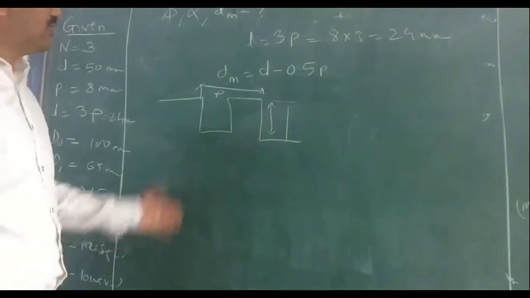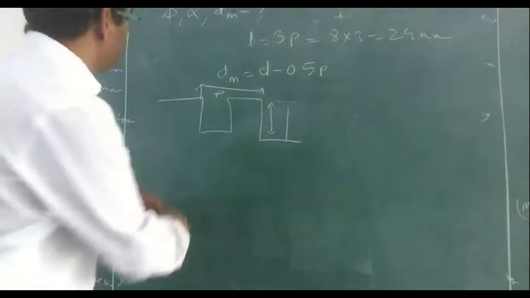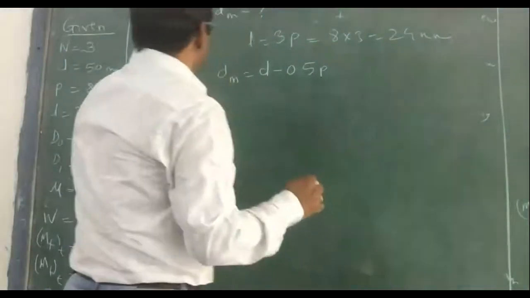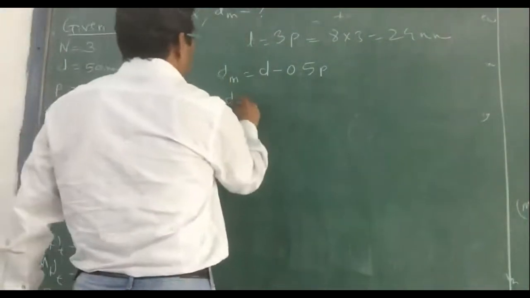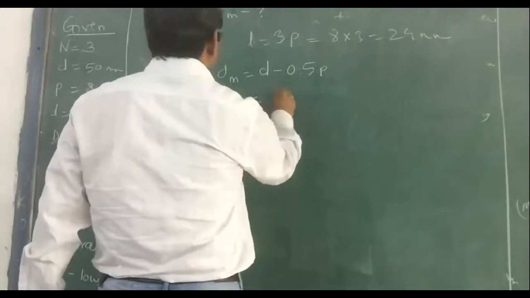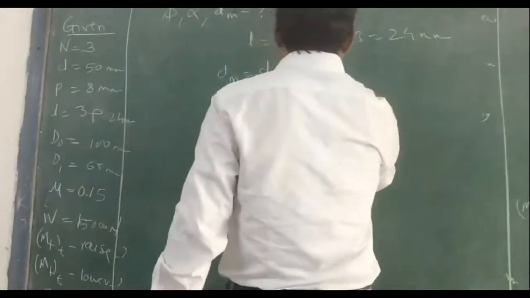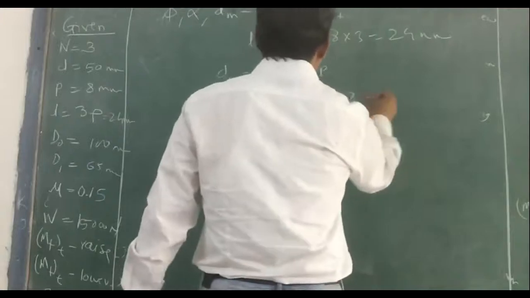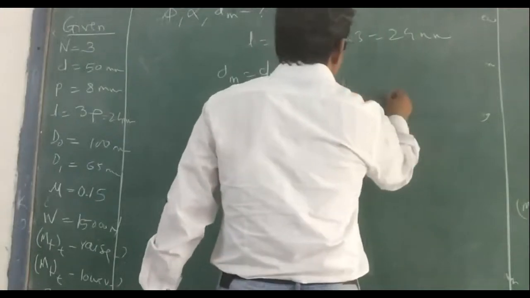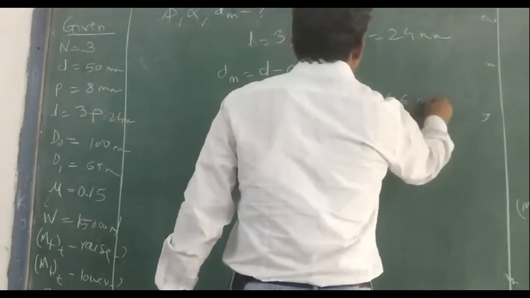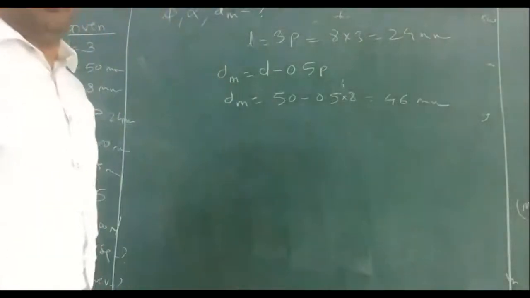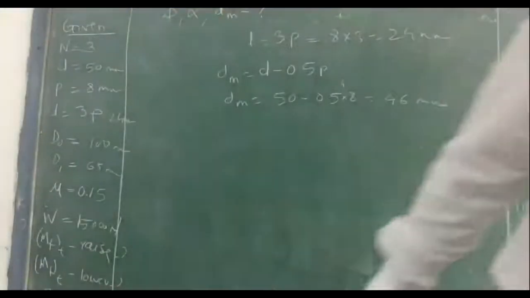So the mean diameter is D minus 0.5 of P, which is 50 minus 4, so it will be 46 mm. So we know that the mean diameter is 46 mm.